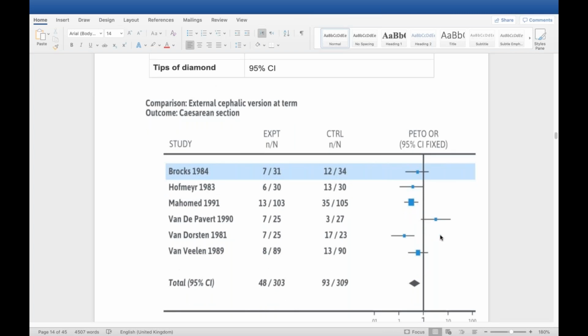For example, if I say the chemotherapy can give you survival between 5 and 8 years, I'm 95% confident that the chemotherapy will give you a survival between 5 and 8 years from this study.